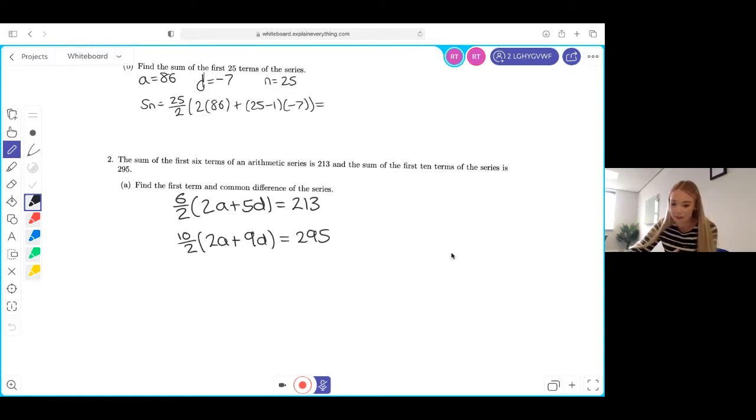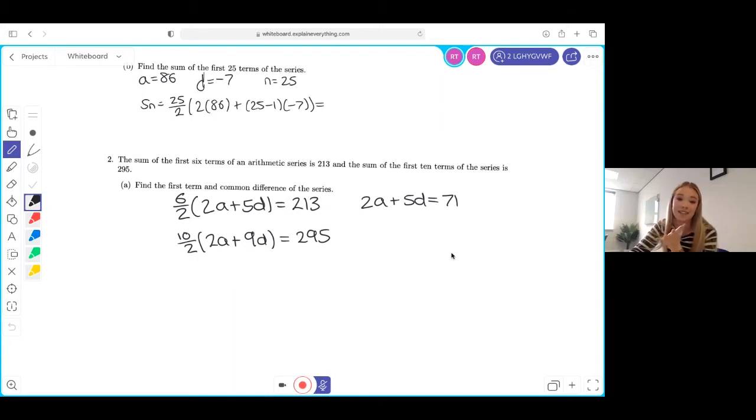The first one, 6 over 2, is all times by 3. And the bottom equation, 10 over 2, is all times by 5. The 213 looks like it divides by 3 as well, and the 295 looks like it divides by 5. So to rearrange it and make it a bit nicer, I'll divide this top one by 3. So I'll get 2a plus 5d, 213 divided by 3, 71.